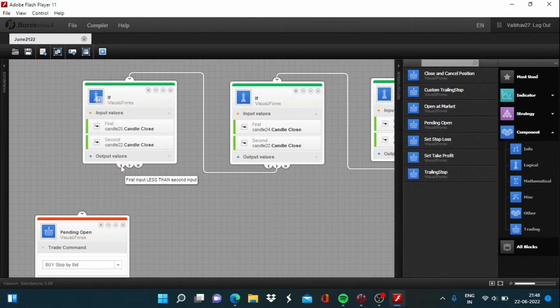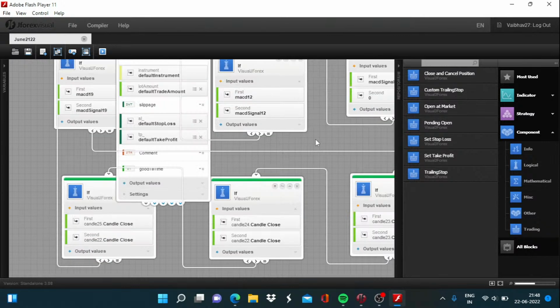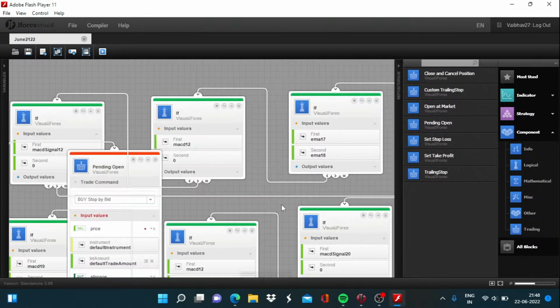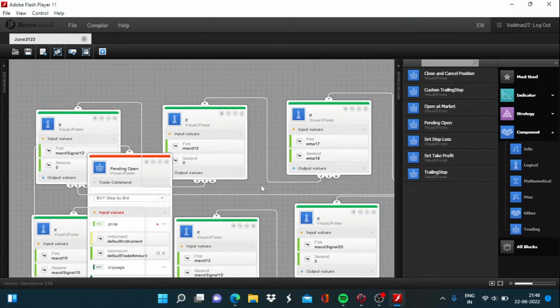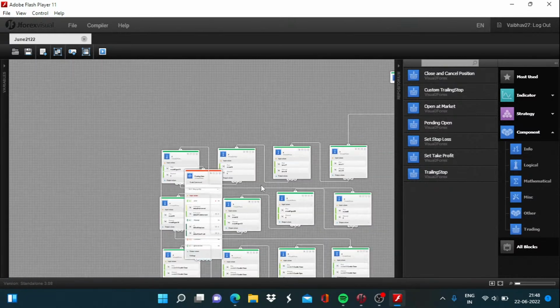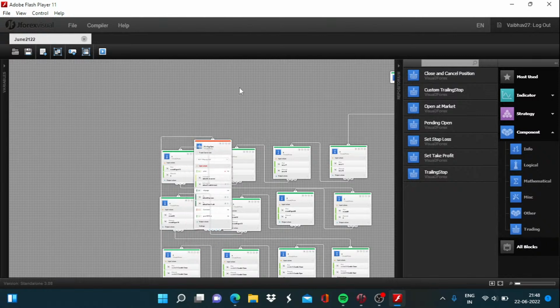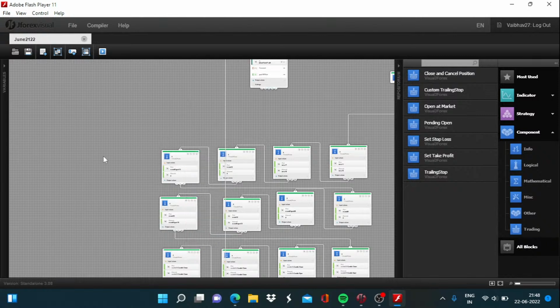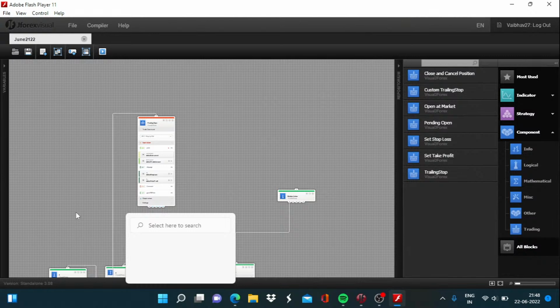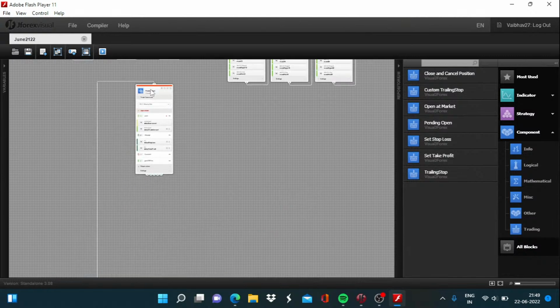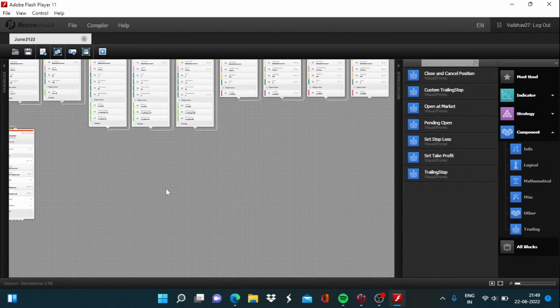After that, we have to define these input parameters.